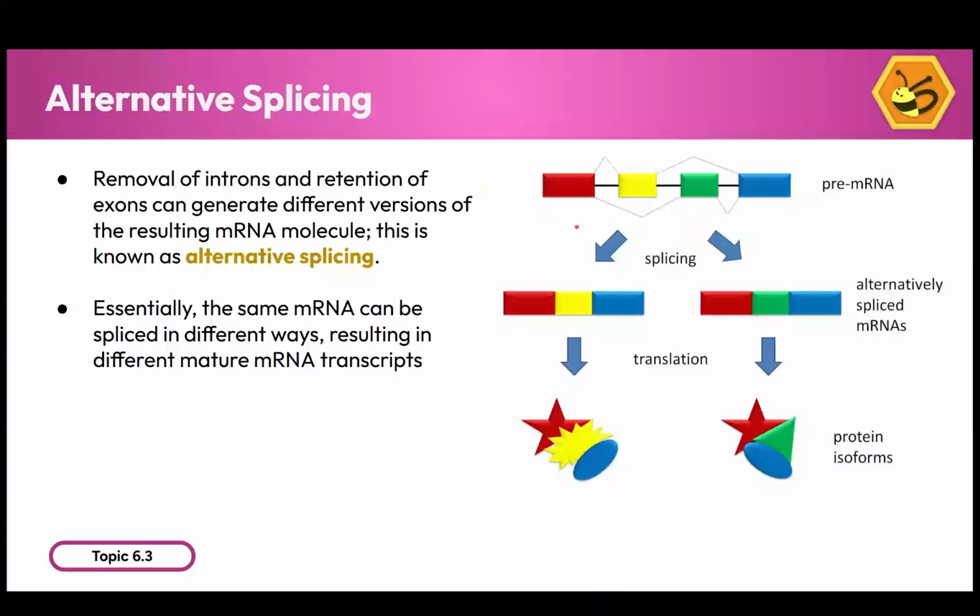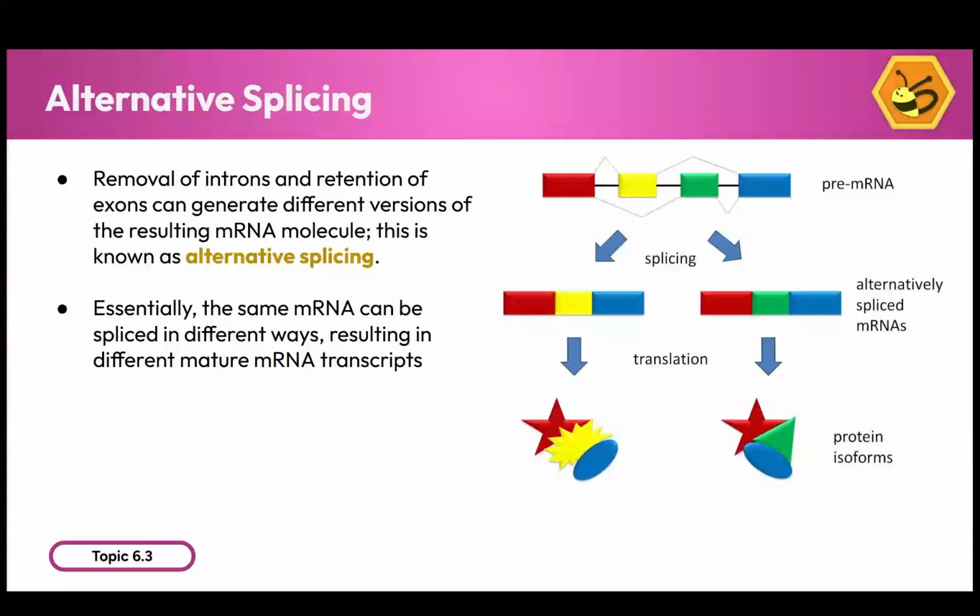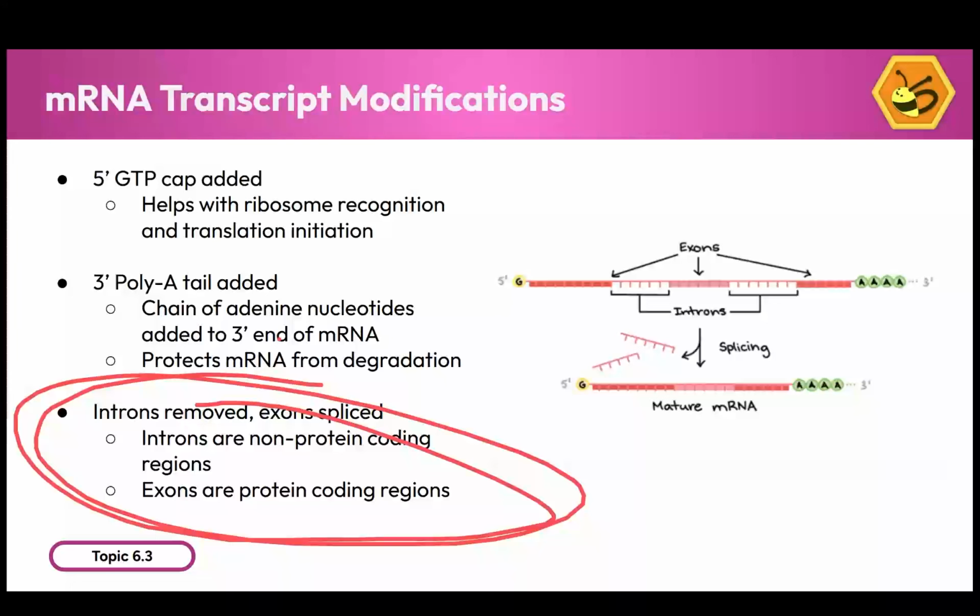So back to Cress's question: the pre-mRNA can form multiple different proteins. Alternative splicing is used after transcription, but before translation. Translation is the reading of an mRNA molecule to form proteins.